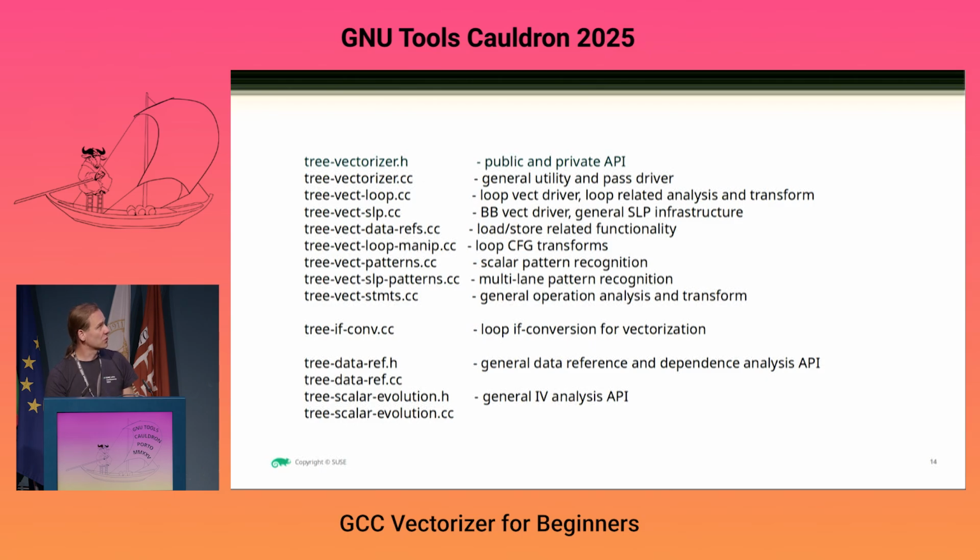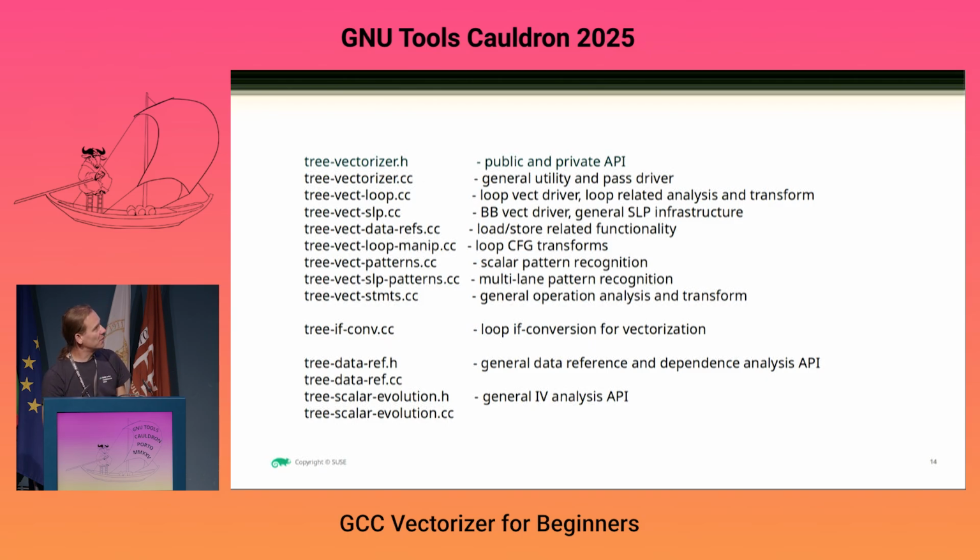Then we have the tree-vect-data-refs.cc, not to be confused with the tree-data-ref.cc. The tree-vect-data-refs.cc is basically handling all of the load store analysis and also parts of the transform, but not the actual load and store operations.